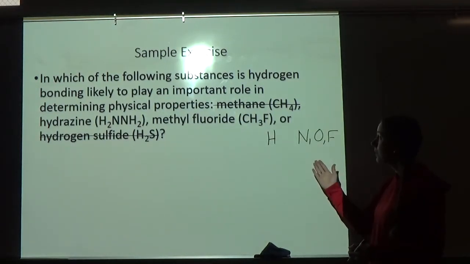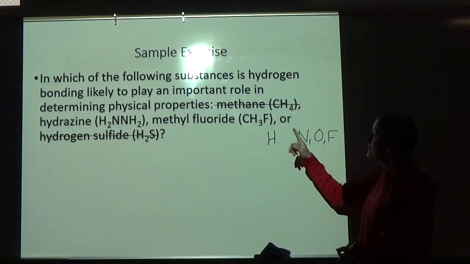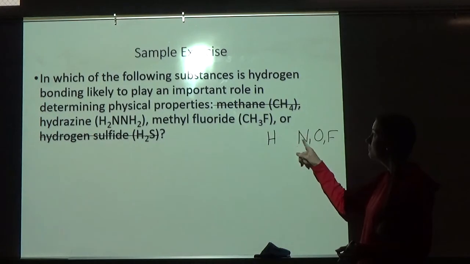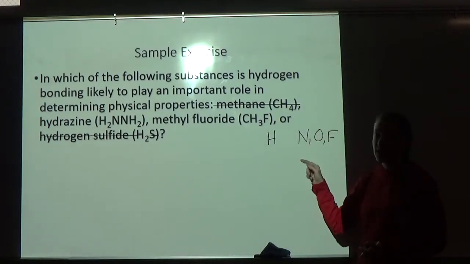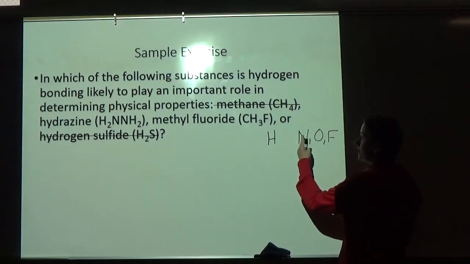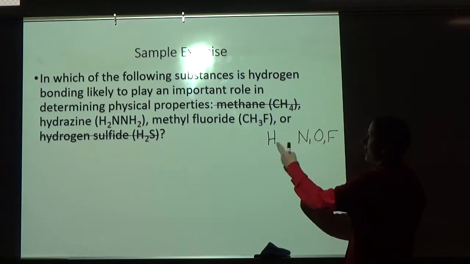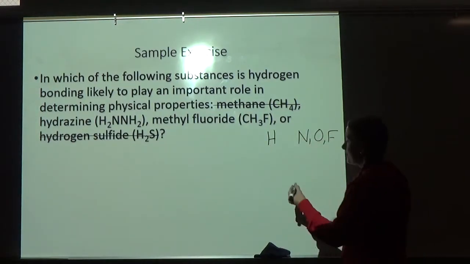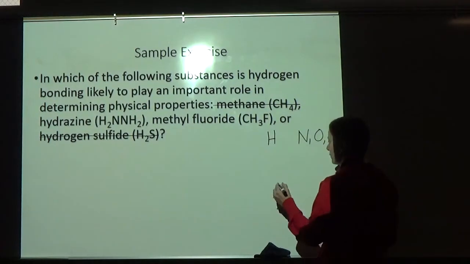The other part of hydrogen bonding is that in one of the molecules, the H must be bonded to one of these. So in one molecule, the H will be bonded to one of these, and then it will be attracted to one of these in another molecule. What I mean by that is water experiences hydrogen bonding.